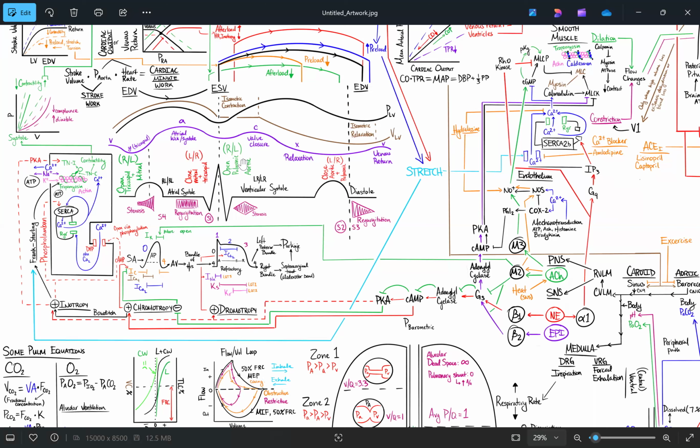In particular for SERCA, it reuptakes calcium. So you would think, wouldn't that leave less calcium in the cell to act on the actin and myosin? But what it actually does is, if you have a higher concentration of calcium in the endoplasmic reticulum, you have a more explosive release, and therefore more available calcium for contractions.